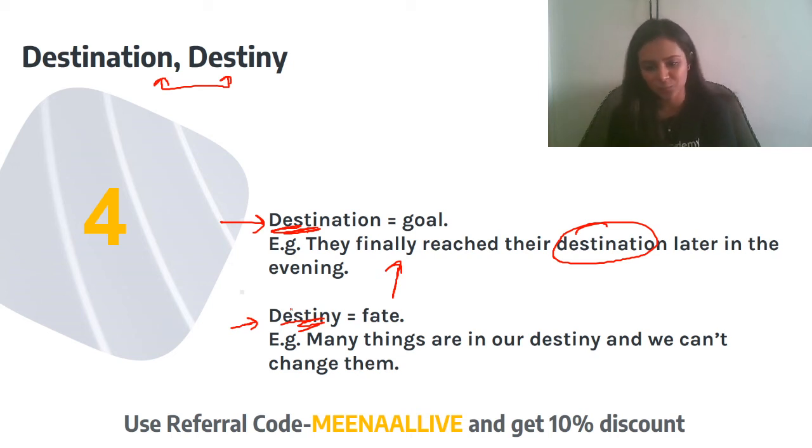It was a Hindi series, but this was the exact statement: many things are in our destiny and we cannot change them. So काफ़ी सारी चीज़ें हमारे किस्मत में लिखी होती हैं, हमारे fate में होती हैं, and we cannot mess around with them. We cannot modulate or change them. It has to happen like that.